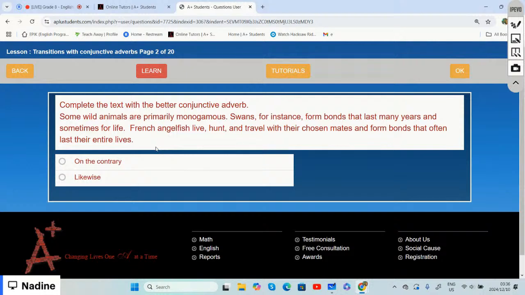Do we say, on the contrary, angelfish live, hunt, and travel with their chosen mates and form bonds that often last their entire lives? Or do we say, likewise, French angelfish live, hunt, and travel with their chosen mates and form bonds that last a lifetime? Which one is correct? Is it on the contrary or likewise?